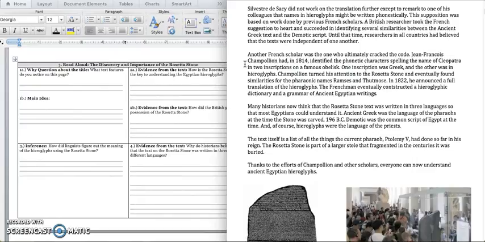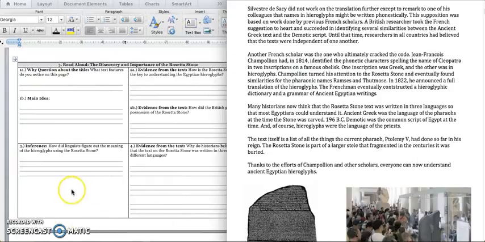Champollion turned his attention to the Rosetta Stone and eventually found similarities in the pharaonic names Ramses and Tutmosis. In 1822, he announced a full translation of the hieroglyphs. The Frenchman eventually constructed a hieroglyphic dictionary and a grammar of ancient Egyptian writings.